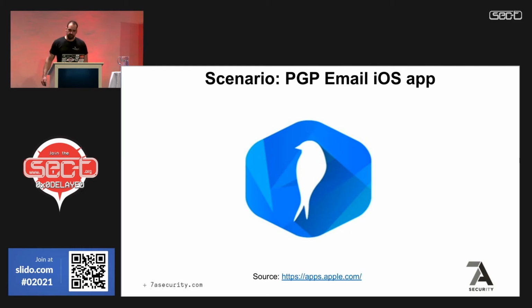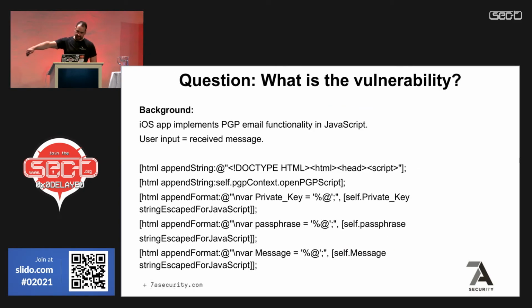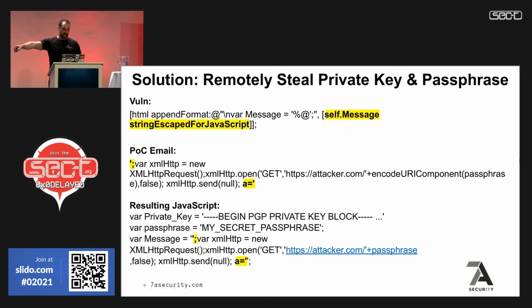Now PGP, this was a PGP email iOS application. I'm going to skip this, but basically at the bottom you can see there's a string concatenation on the message, right? It says string escaped for JavaScript, but it was not escaped for JavaScript. So this is the actual vulnerability in the first line: self.message string escaped for JavaScript, and there's a string concatenation in the JavaScript. So you could send an email to another user with a single quote, semicolon, and then the XSS payload.